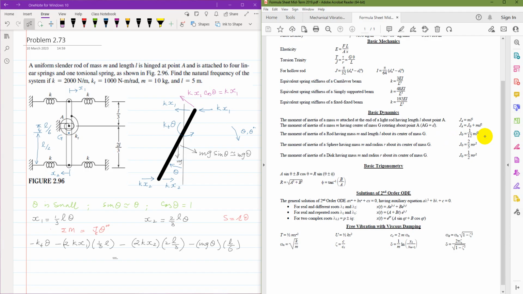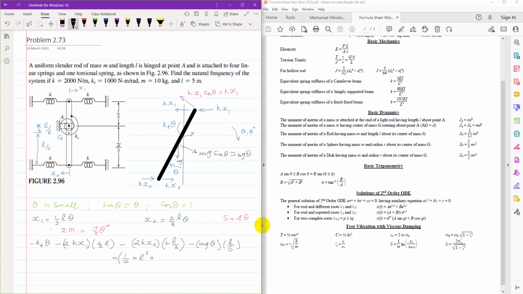So it will now be 1 over 12 ml squared plus md squared, where d is the distance between A and G, which is L over 6, squared, times theta double dot.